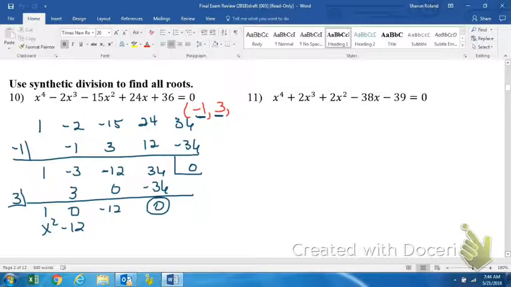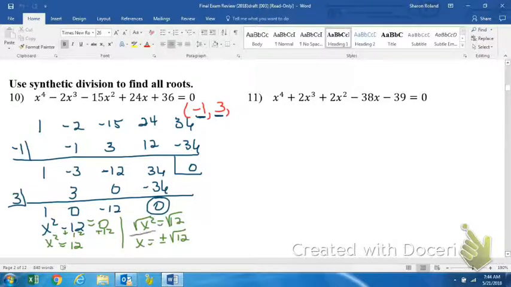To me, the easiest way to solve that, because you're looking for it to equal 0, is to set it equal to 0, and you have x squared equals +12, because I'm going to add 12 to both sides. Well, if x squared equals +12, if you take the square root of it, x equals plus or minus the square root of 12.